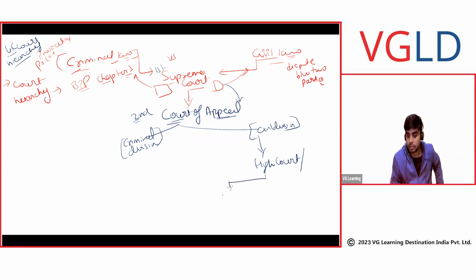The High Court has three divisions: QBD, Queen's Bench Division, Family Division, and Chancery. And there is a County Court.